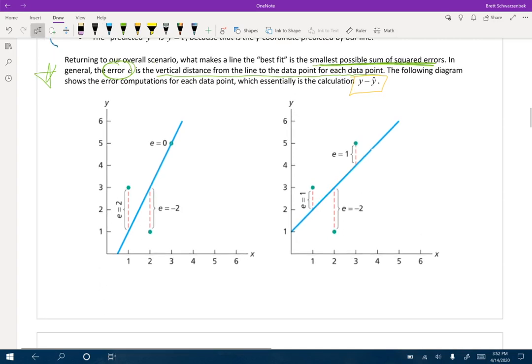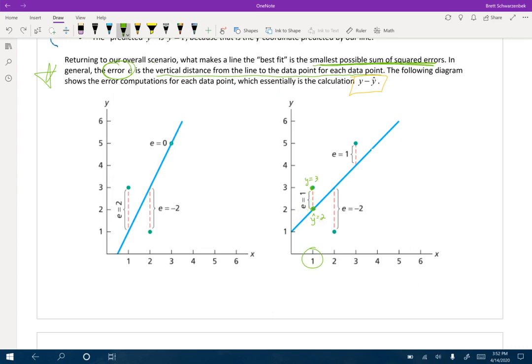Just like if you go over to the next line right here, we can look at this and go, all right, well, look at our first value of x, which is 1. Our actual y is 3. Our predicted y, which is on the line, is 2. So actual minus predicted, 3 minus 2, gives you e equals 1.